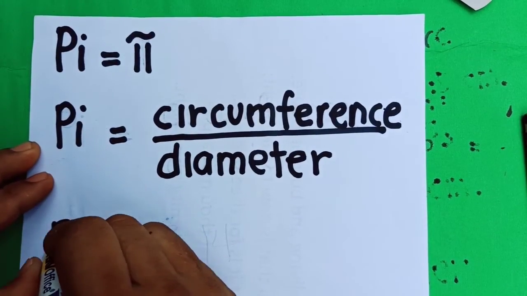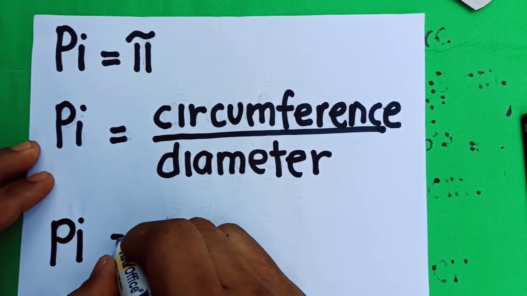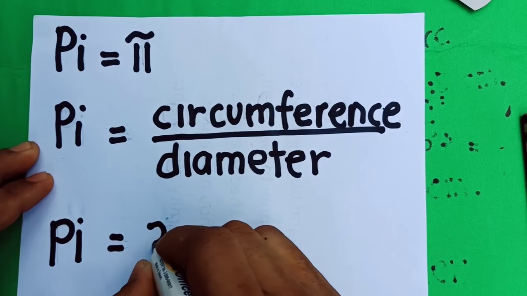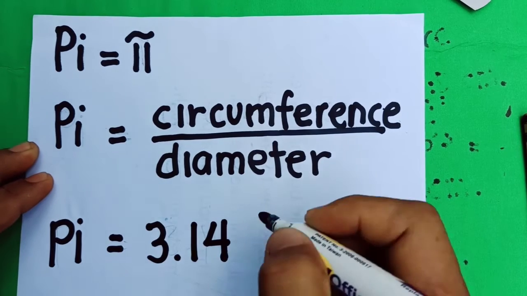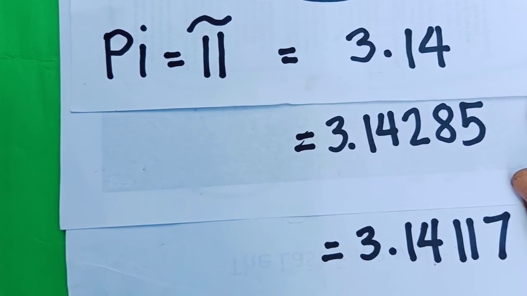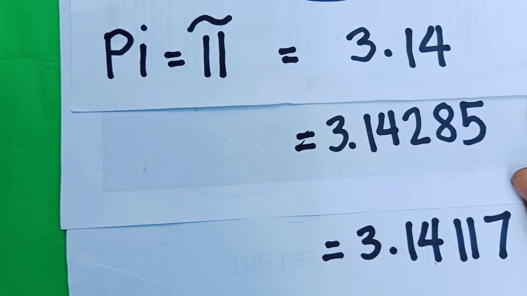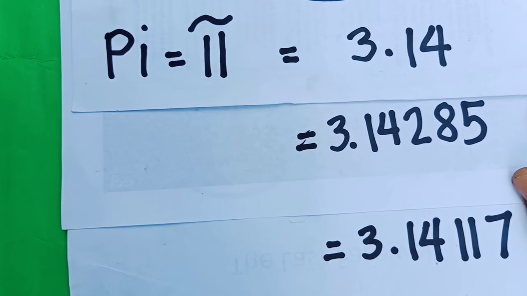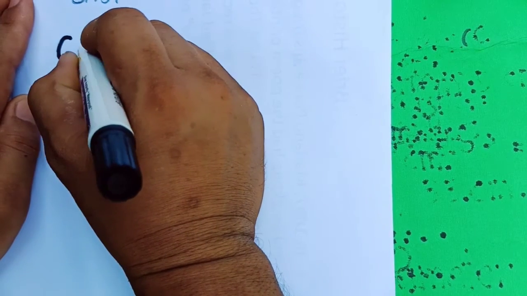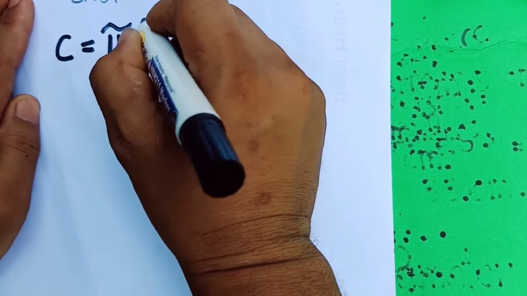And pi is equal to 3.14 repeating. This ratio is universal to all circles, even small circles or big circles. If you divide the circumference by its diameter, you can always get 3.14 if you round it to the nearest hundredths. And C equals pi d.